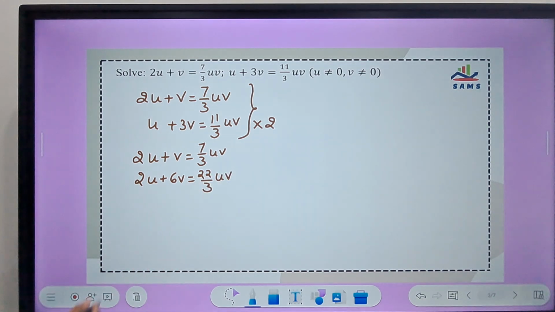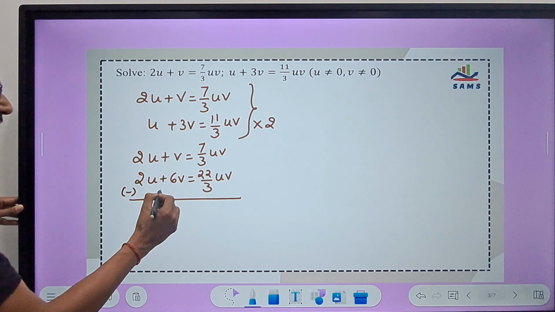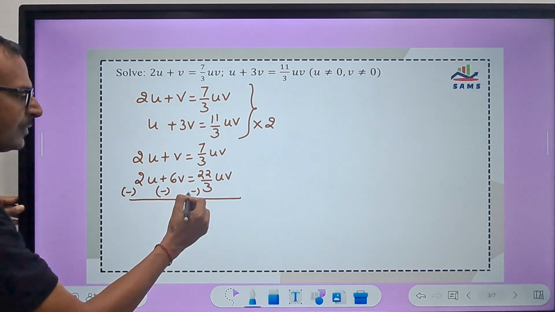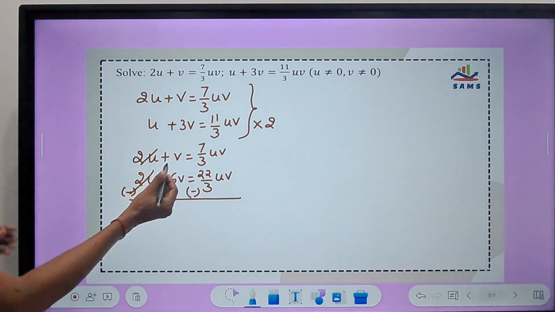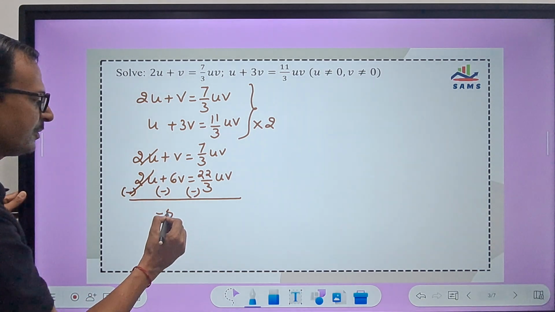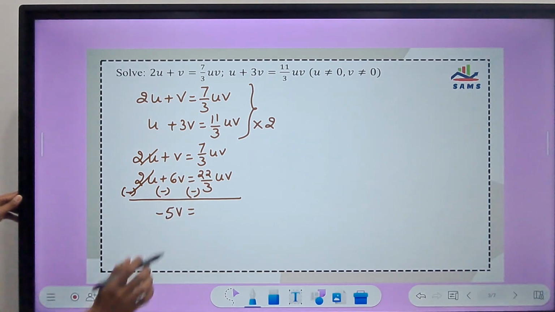Right? Now if I subtract these two equations, the 2u is going to get cancelled, so we have to change the sign of the second equation here like this. So 2u gets cancelled, and we have v minus 6v, which is minus 5v, and 7/3 minus 22/3.